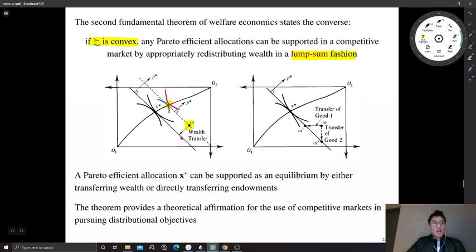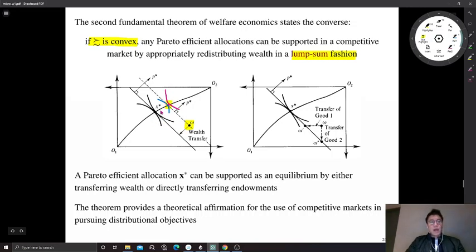So the budget line will shift down like this if the tax was lump sum, right? Then with this new budget line, consumers A and B will choose this target allocation X star as desired, because at X star, consumer A's utility is maximized, and so is consumer B's utility. All right.